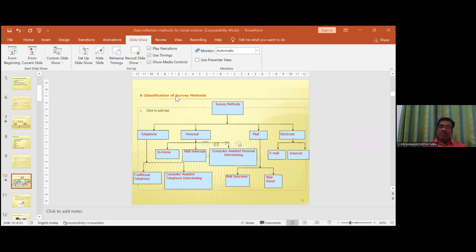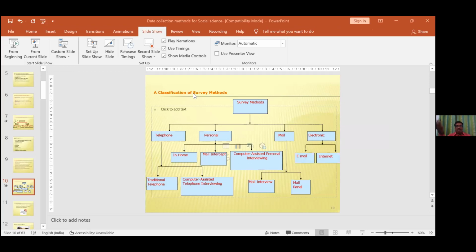Normally, quantitative data can be collected with the help of a survey, and there are several methods. One may be a telephone survey, another a personal survey, another a mail survey, where we can send a mail to the respondents and then collect data. Similarly, we can also collect the data electronically.